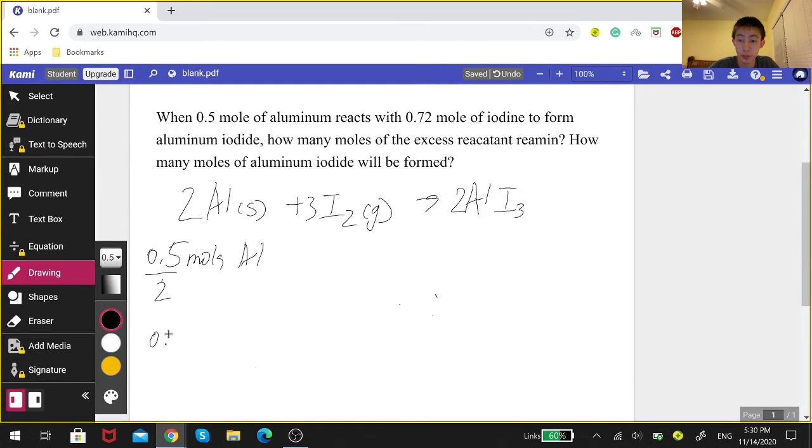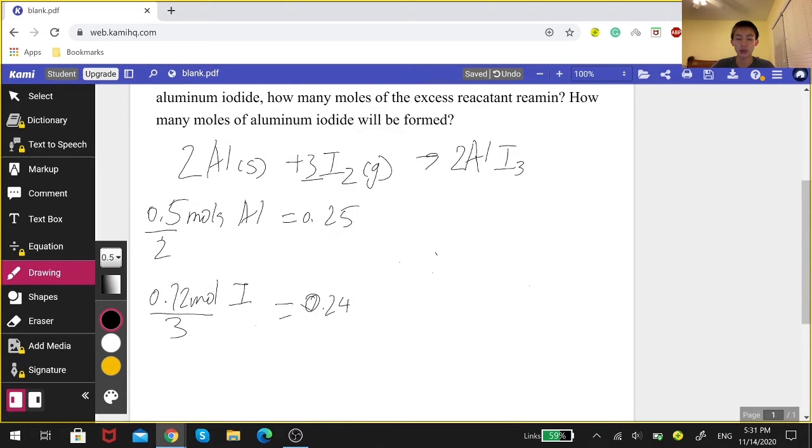We also have 0.72 moles of iodine, but there's 3 iodine over here. That's when we have to divide this by 3. This equals 0.25, and 0.72 divided by 3 is 0.24. The smaller number is your limiting reactant, so our limiting reactant will be iodine.